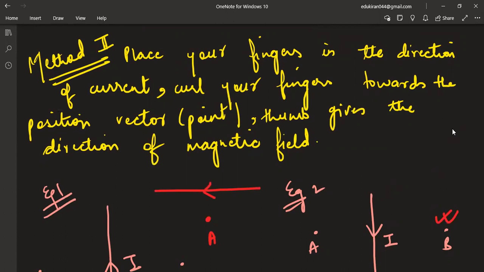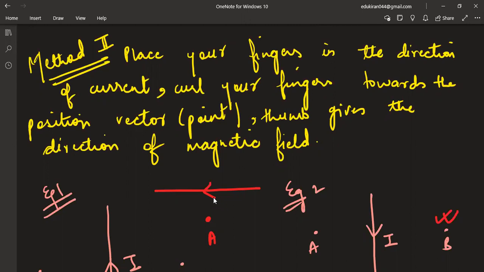If I give you this particular direction and this particular point A, you can keep your palm facing yourself with fingers pointing in the left direction, or you can put your palm such that the back surface of the palm is facing downwards.